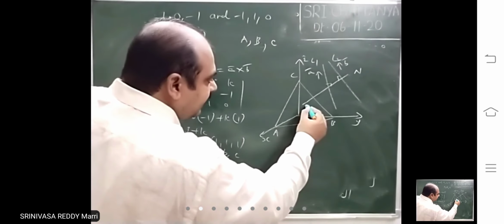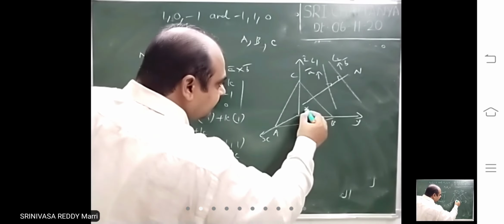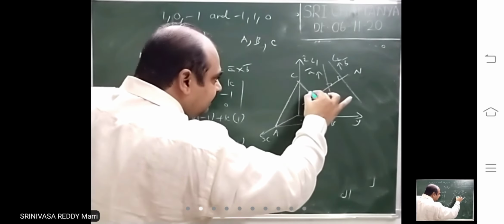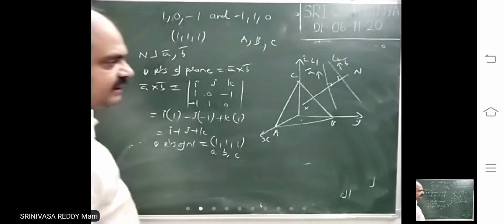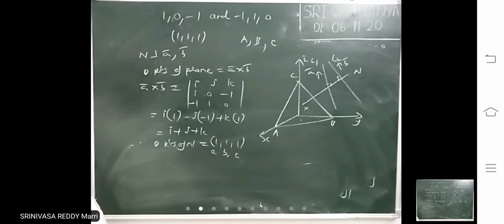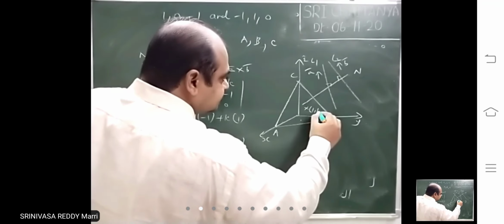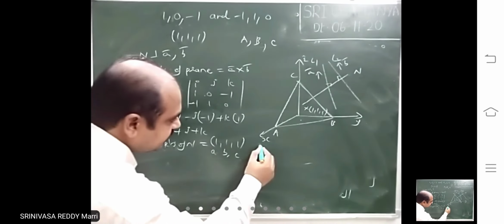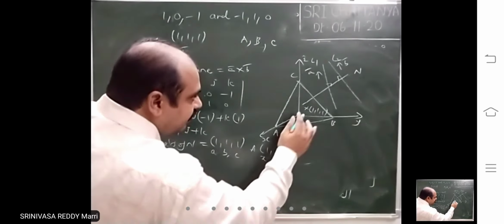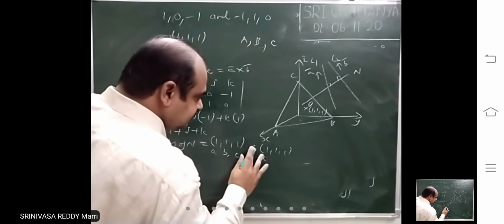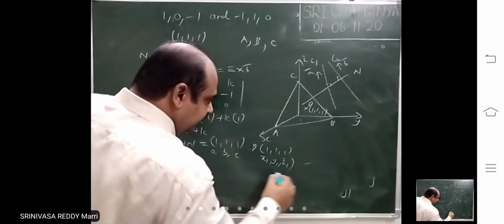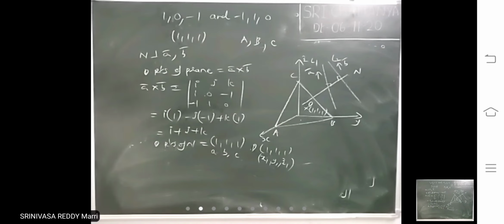Now he is telling that the plane passes through a point. The plane is this triangle only. This OABC is not the plane; this ABC is the plane that is intersecting. This plane passes through 1, 1, 1. Let us say this point D is x1, y1, z1.